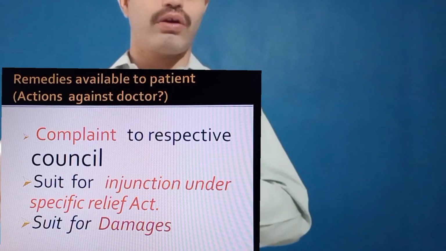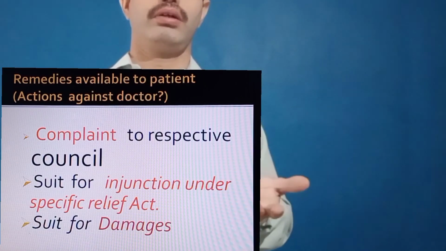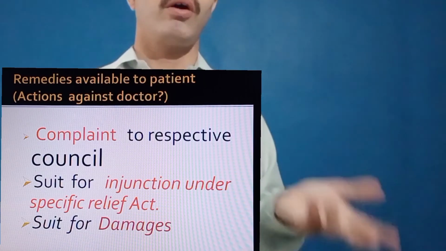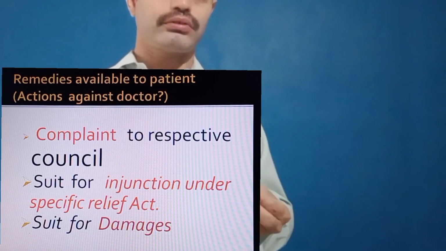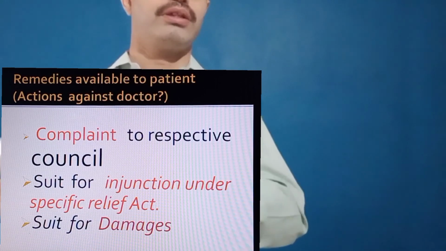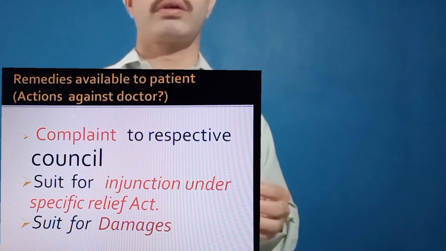So if it has caused defamation, then the patient may file a suit for defamation, or if it has caused some monetary loss or damages to the patient, then the patient may file a complaint against the doctor accordingly.